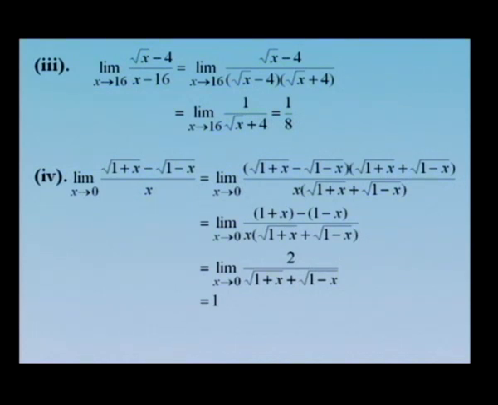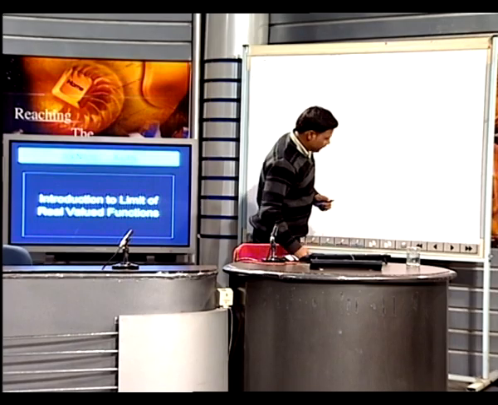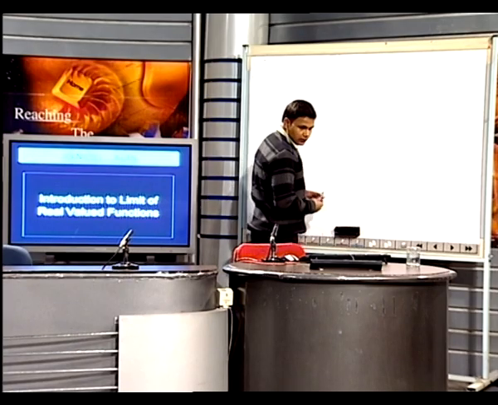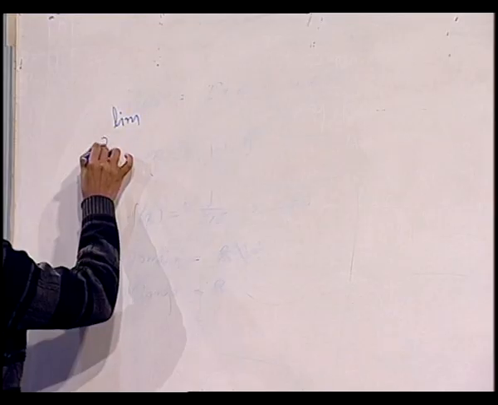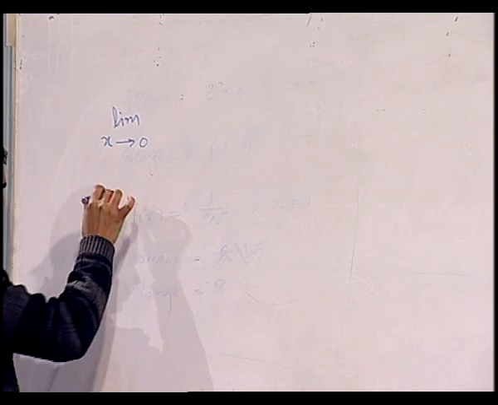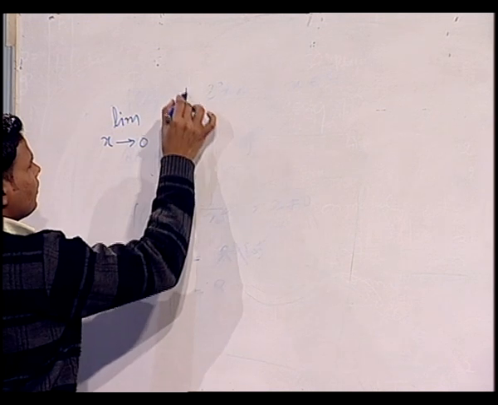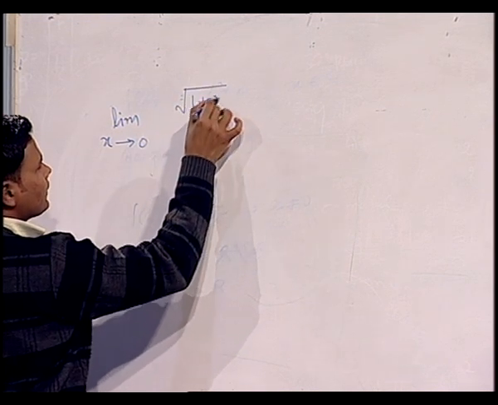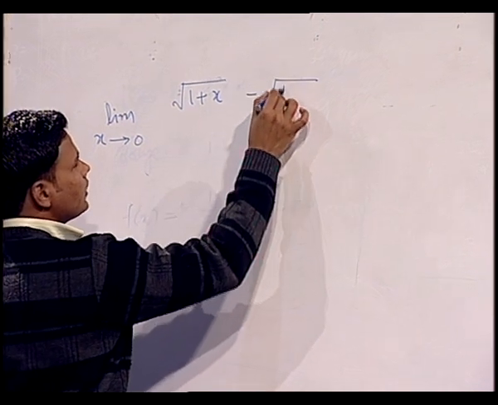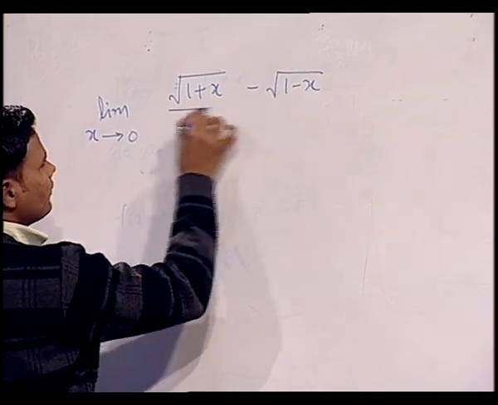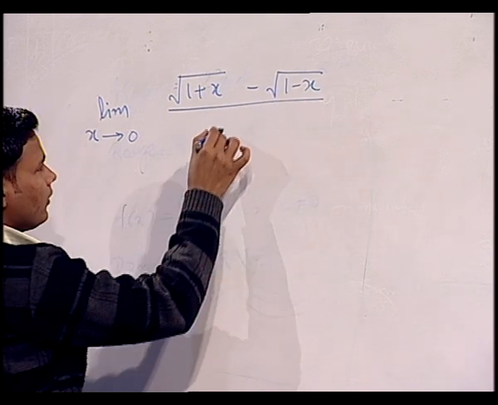Let us solve this as it is, limit x tends to 0, (square root 1 plus x minus square root 1 minus x) upon x.